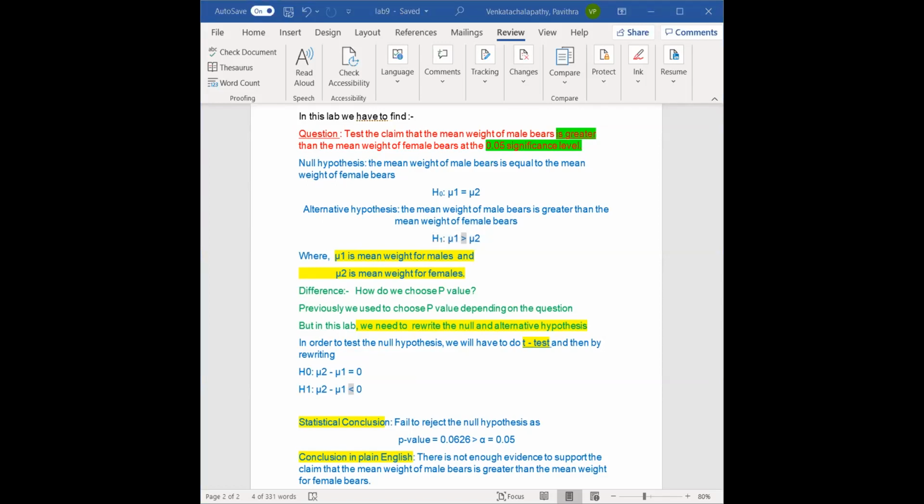Now I'm going to check for normality for female because the n value is less than 30, right? So normal quantile plot, actual by quantile. 1 belongs to male and 2 belongs to female. So 1 is for male bears, and can you see here the data points are not on the normal line.